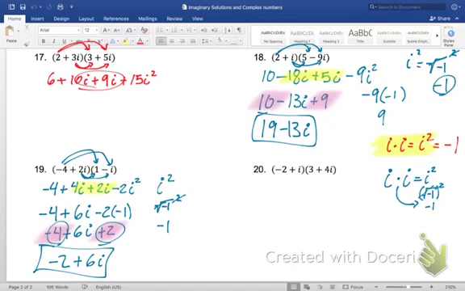We can combine that: 6 plus 19i plus, actually not plus, this is a negative, so basically I have 15 times negative 1, which is negative 15. Combine like terms, this and this are just numbers, so my answer is negative 9 plus 19i.